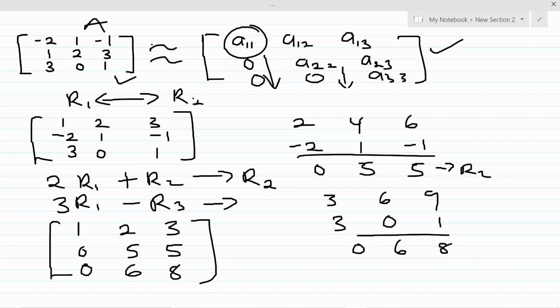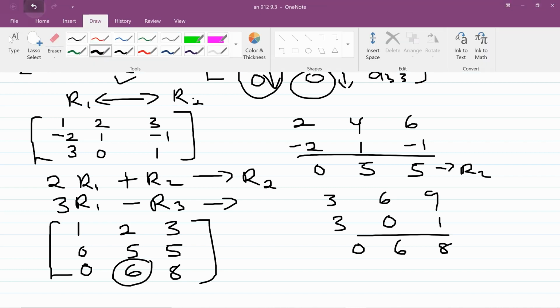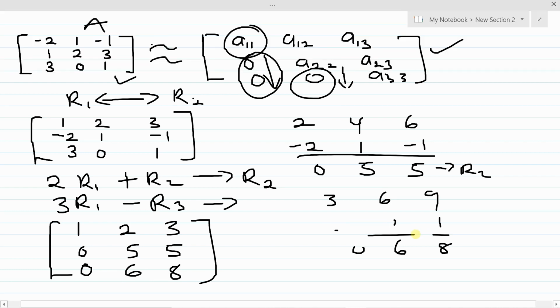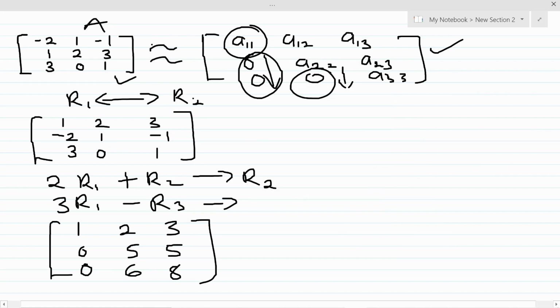So now it means we've accomplished this task on this side. It is left with this part to be 0. It means I have to make sure that this is also 0. So employing the same idea, we can say that you divide row 2 by 5. I want to make sure that the 5 becomes 1 because I have 5 here and 5 here.